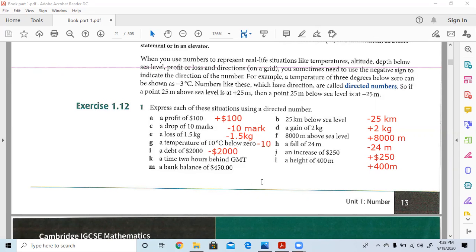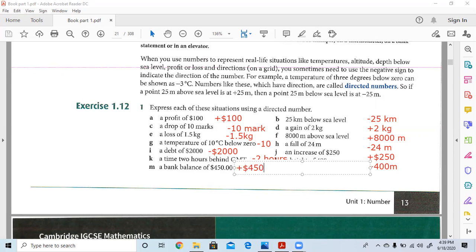Next is a time 2 hours behind GMT. Behind means he's moving backward, so here I write -2 hours. Like that, a bank balance of, it's positive, just positive.